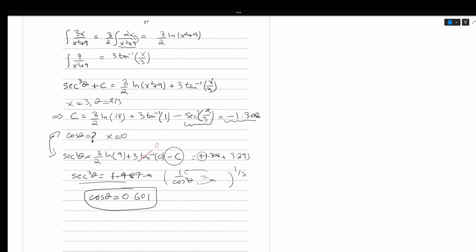So this would be 1.308 plus 3.295, which is 4.603. So sec cube is 4.603.